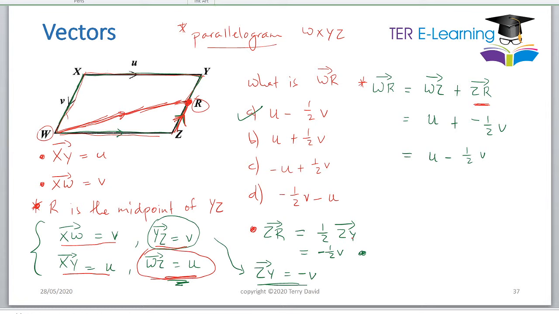And we know what ZY is. ZY is actually minus V, right? It's not V. ZY is actually minus V. So therefore, you can work out what ZR is here. So that's what I'm doing there to work out this here. So then all I'm going to do is add those two vectors. So WR is equal to U minus a half V.